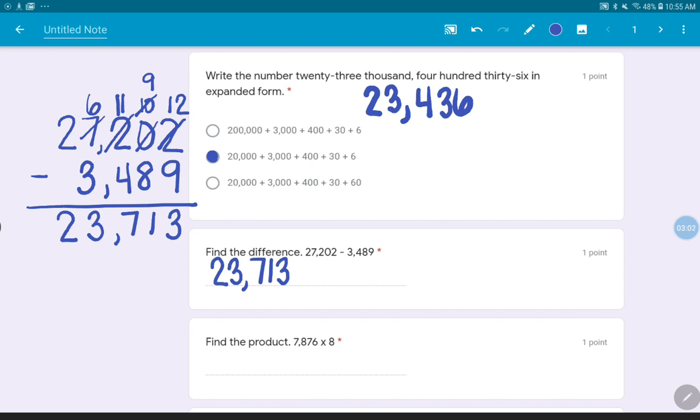All right, next we're finding the product. 7,876 times 8. How did you solve, Ansley? I did 7,000 times 8. Okay, and what was 7,000 times 8? 7 times 8 is 56, and then we have 3 zeros for the thousands.